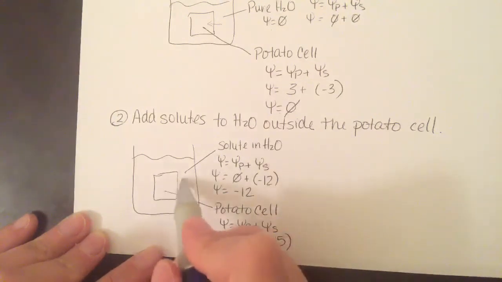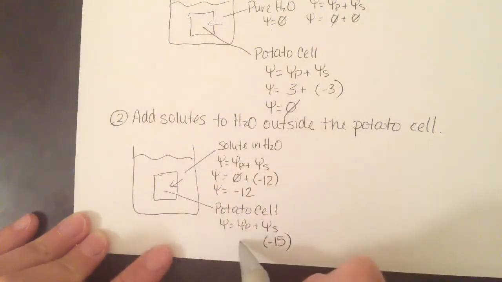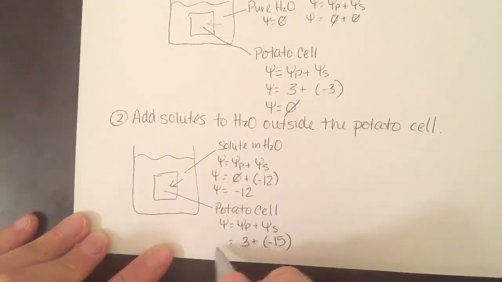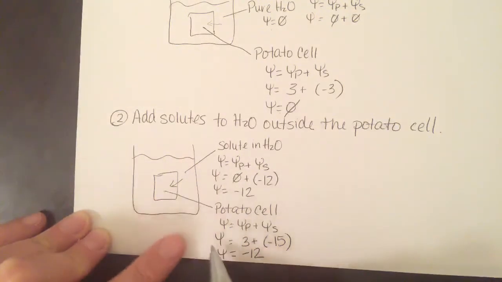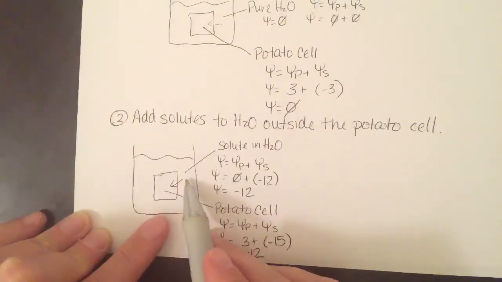So the water will go in, and as the water goes in, that pressure builds up until, I'm going to put here the pressure at 3, until it equals -12. All right, and so in combination with the solutes and the pressure, eventually you get a combination where the water potential is equal to the water potential outside.